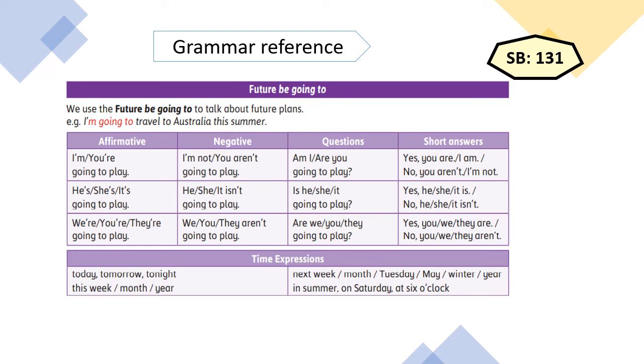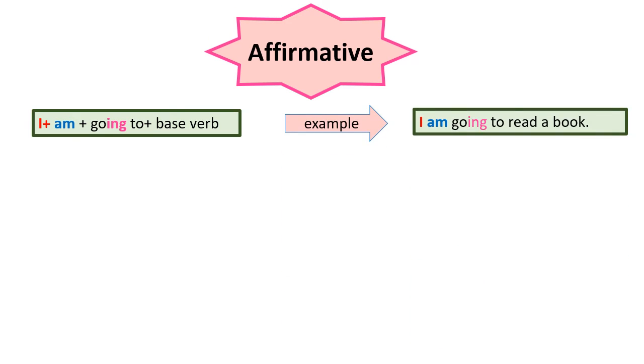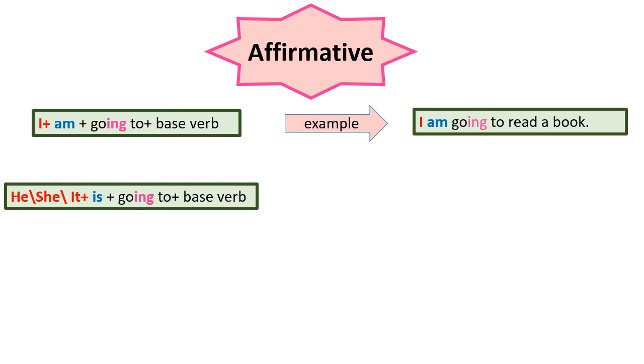Okay, I'm going to travel to Australia this summer. So this one is affirmative: I am going to plus the base form. I'm going to read a book. Pay attention: the verb that comes after "to" must always be in the base form. For he, she, or it, we use "is".